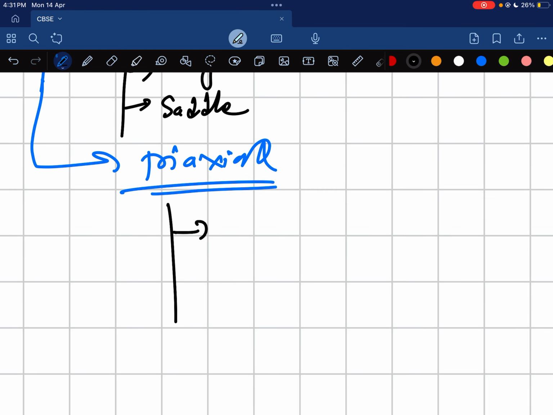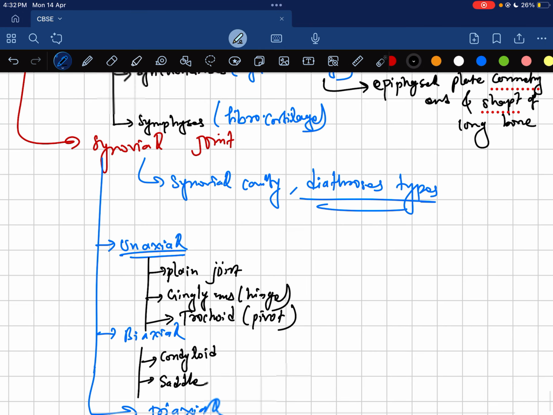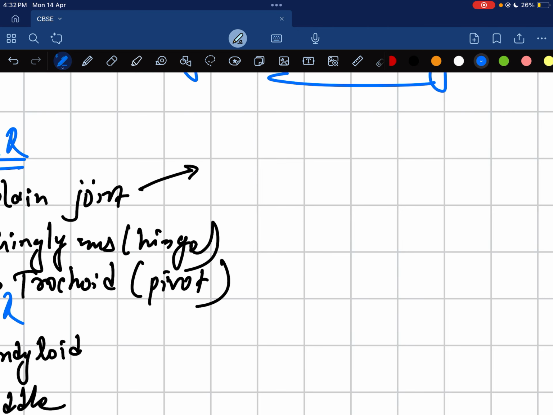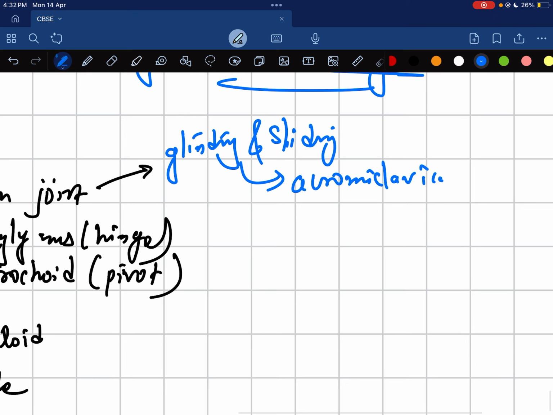In triaxial, there is the ball and socket joint. So now we are moving on to the synovial joint. In the plane joint, there is a sliding movement, for example the acromioclavicular joint.